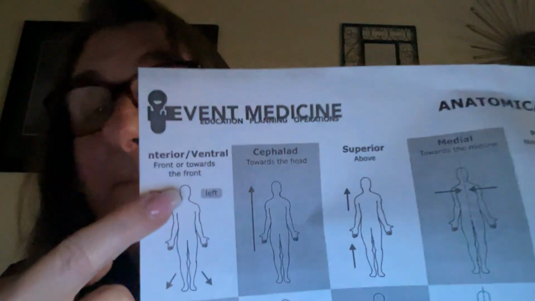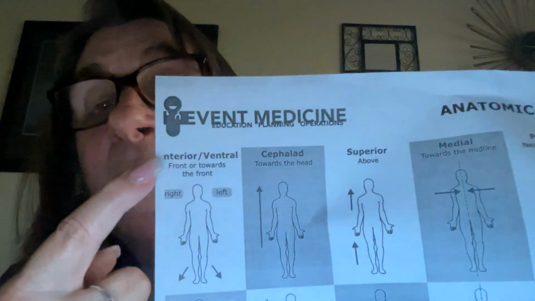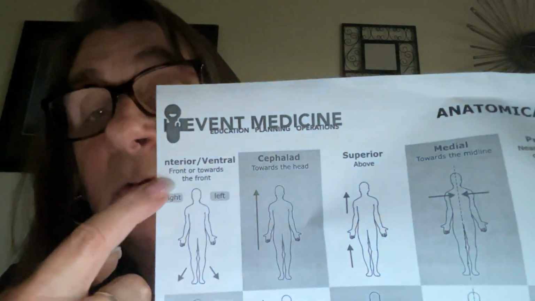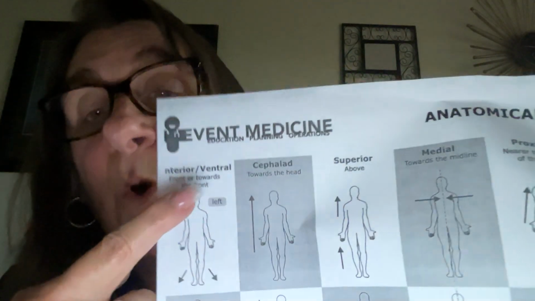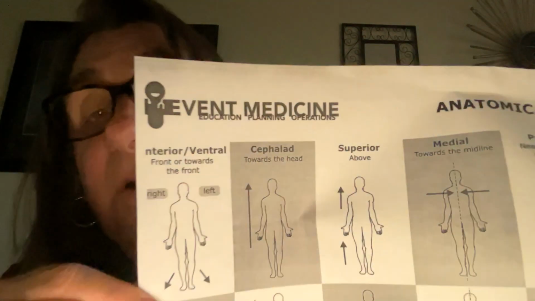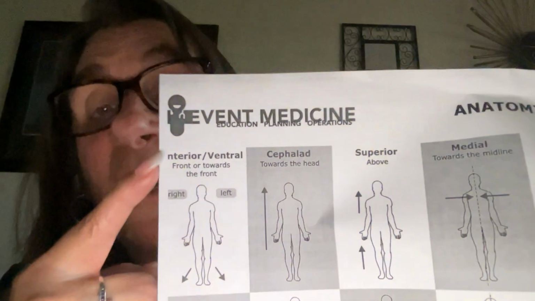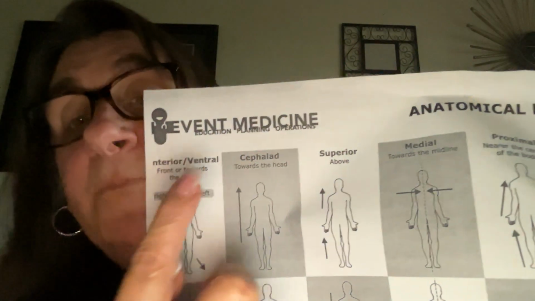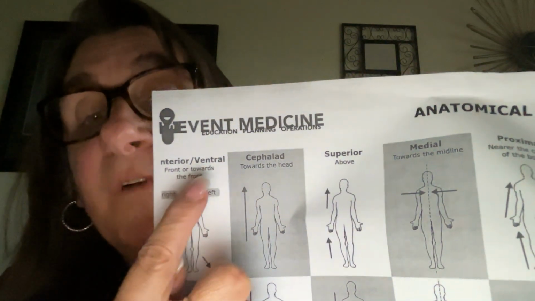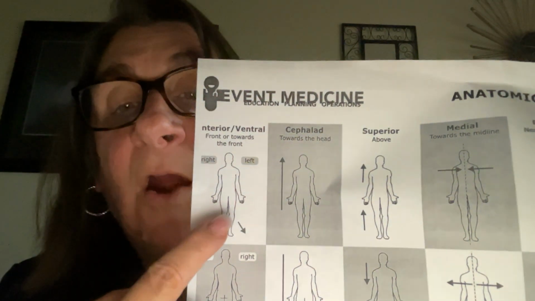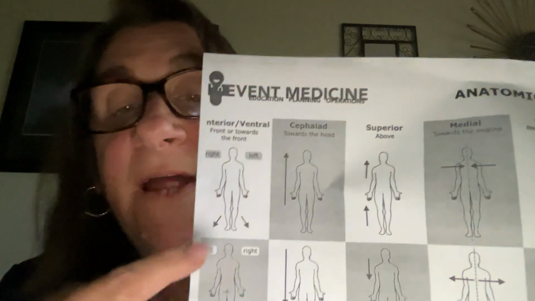Now keeping that in mind, this is the ventral, okay? Front or towards the front. I'm sorry, it's backwards, but this is anterior or ventral, front or towards the front. Anterior, the arrow is going toward the front.